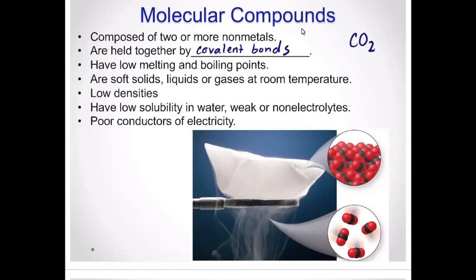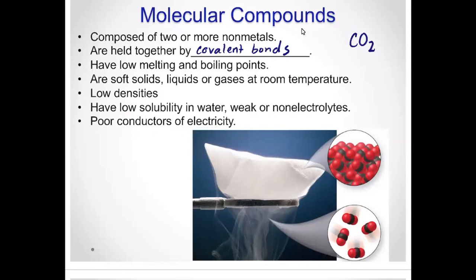We will learn about these in a later chapter in more detail. They have relatively low melting and boiling points. If they're solids, they're often soft, or they can be liquids or gases at room temperature. They have low densities. They have low solubility in water, and they are weak or non-electrolytes. They are also poor conductors of electricity.